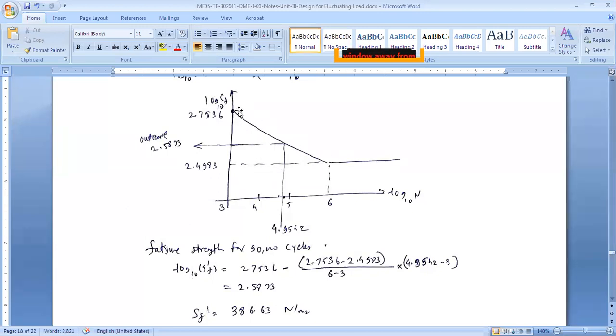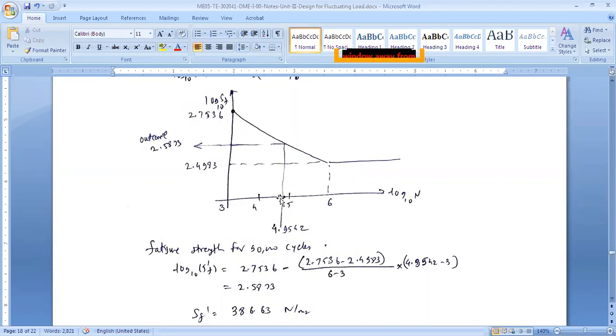It is actually a negative slope, so that's why we are taking minus here. It is not an ascent, it is a descent, so it is 2.7536 minus 2.49 divided by 3 minus 6, which will obviously become minus. So slope is this minus this upon this minus this.